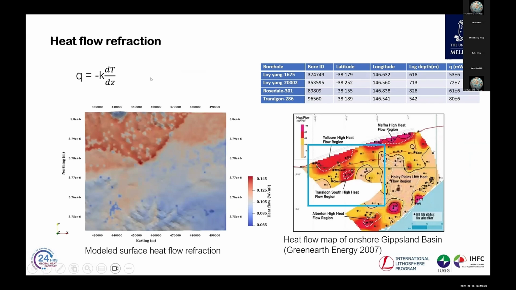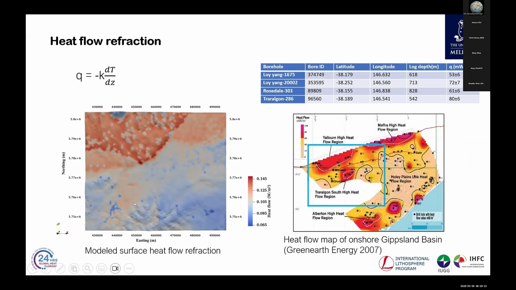And here is the heat flow refraction of the study area. We know that heat flow is the product of the thermal conductivity of the rock unit multiplied by the geothermal gradient of a certain interval. The negative sign shows heat comes from the hotter regions to the colder parts, especially from the mantle and core to the colder crust of the earth.